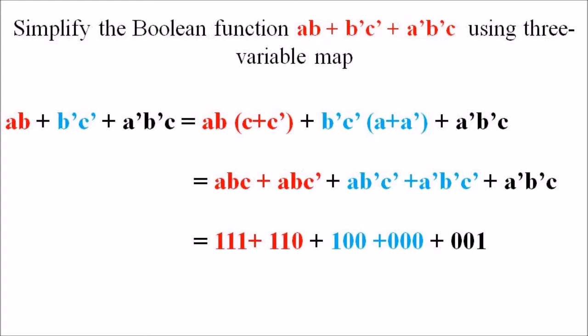That is, 1, 1, 1 is the min term M7. 1, 1, 0 is the min term M6. 1, 0, 0 is the min term M4. 0, 0, 0 is the min term M0, and 0, 0, 1 is the min term M1. Thus, these positions should be marked in the K-map.